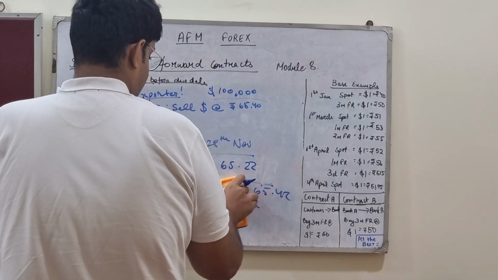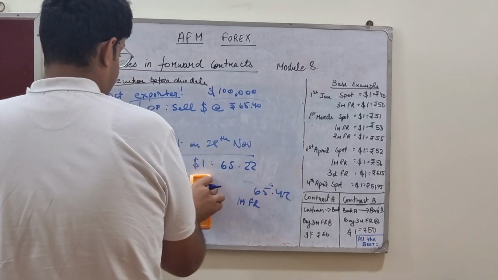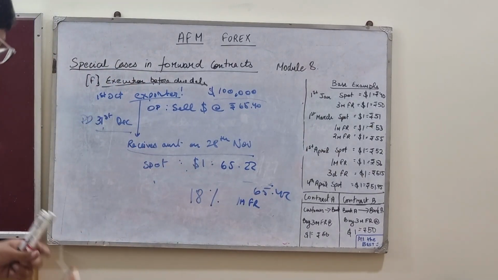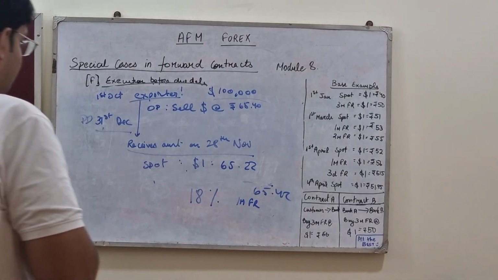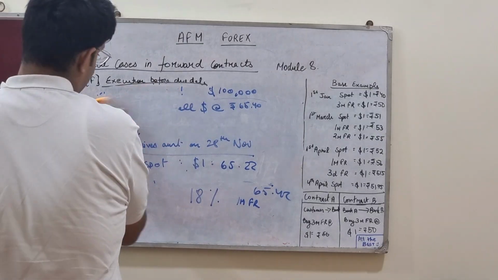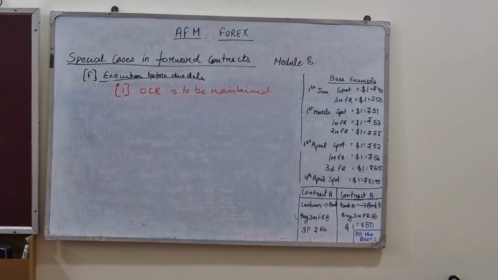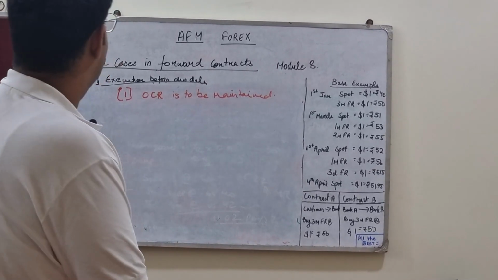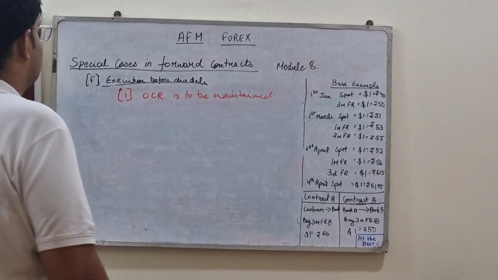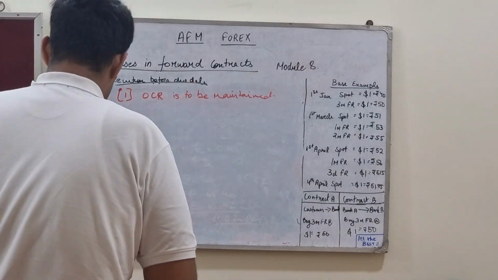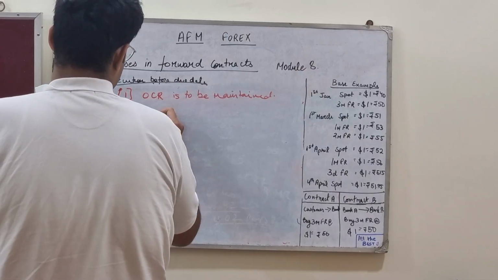Alright, so now I have all the details I need to start the question. How would I start the question? 3 rules. Let's go over them one by one. Alright, let's start the answer. So the first step would be OCR is to be maintained. So basically, the bank will still honor its original contract.